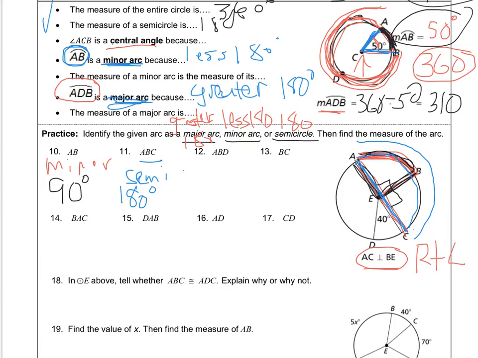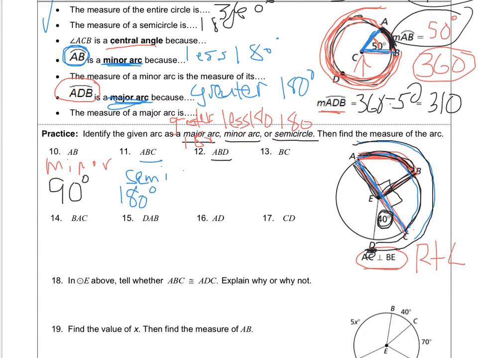Okay. So let's do number 12. Arc ABD. Again, we go in the order of the points given. A, B, we pass C, and we're going to stop at D. Well, let's think about this. We already did from A to C. That was the previous problem, which was 180. Now we're going a little bit further to D. Didn't we add this central angle here?